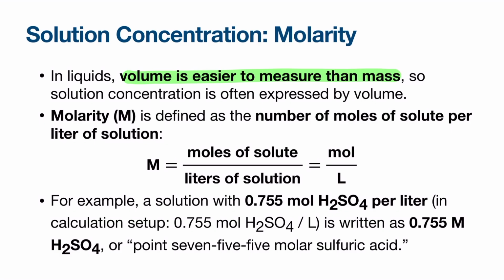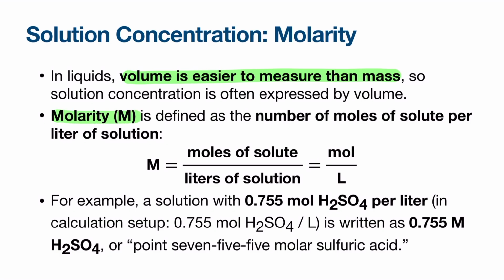Basically, when working with liquids, it is usually much easier to measure volume in liters or milliliters than mass in grams or kilograms. Because of this, chemists often describe solution concentration using volume-based units, again using liters, mL, and many more.